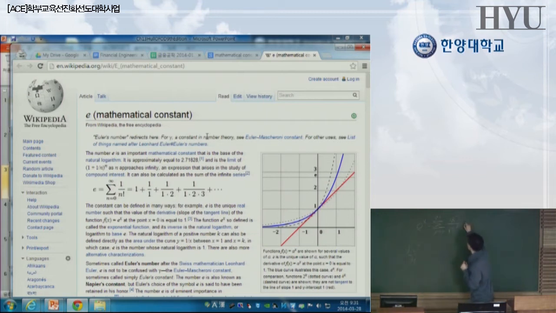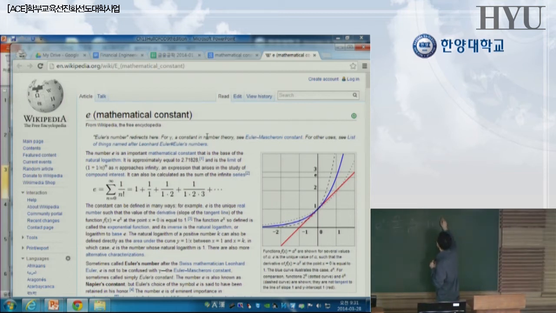So e to the x is 1 plus x over 1 factorial, plus x squared over 2 factorial, plus x cubed over 3 factorial.